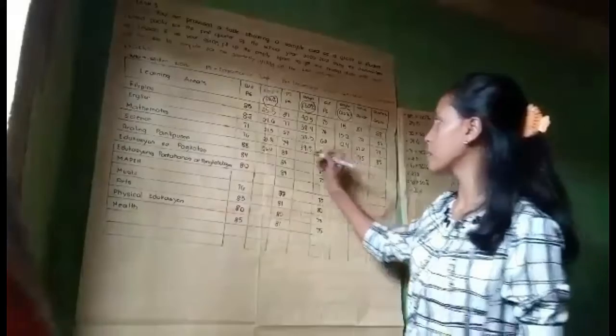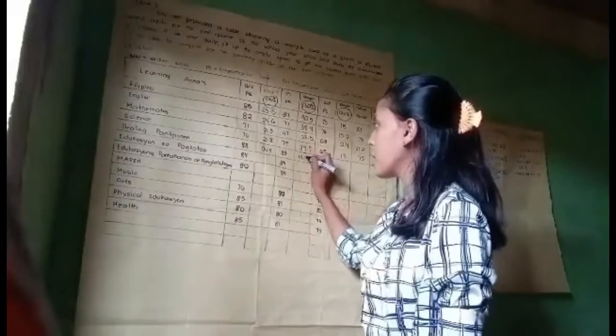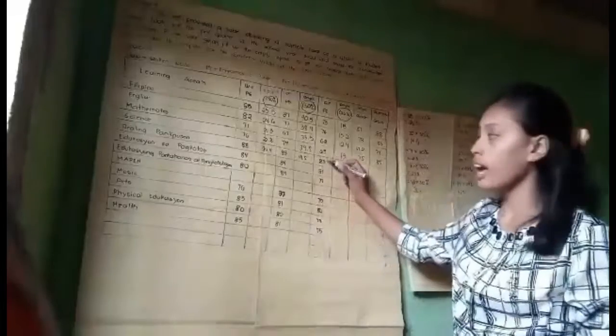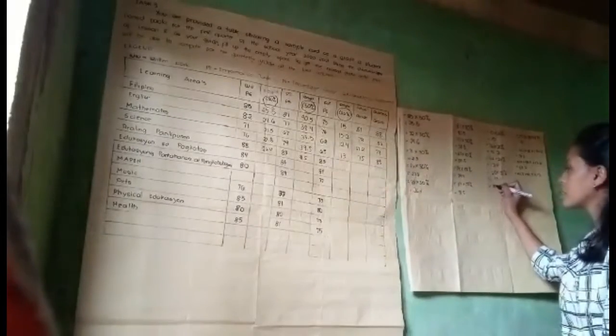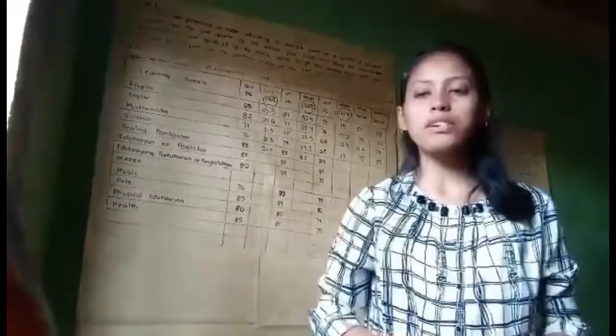So our weight of the performance task in Araling Panlipunan is 41.5. Next is 83 times 20%, which is equal to 16.6. So our quarterly assessment in Araling Panlipunan is 16.8.